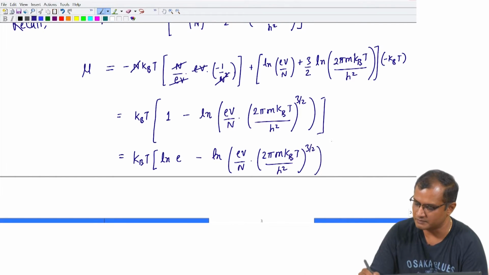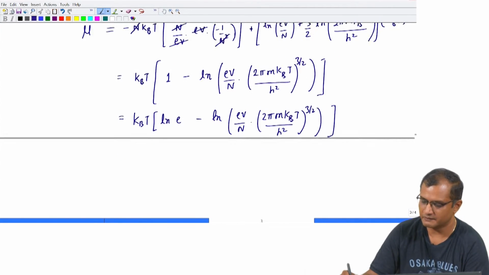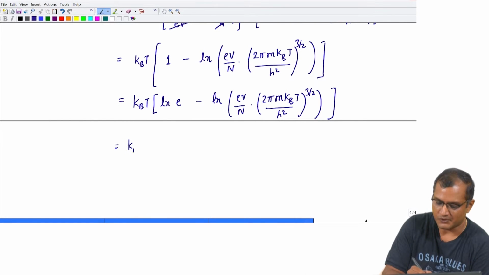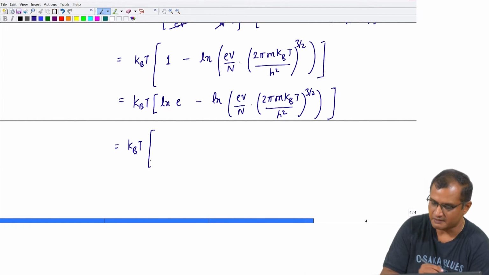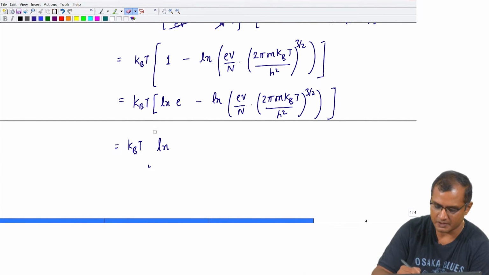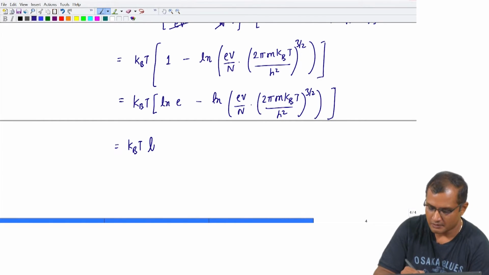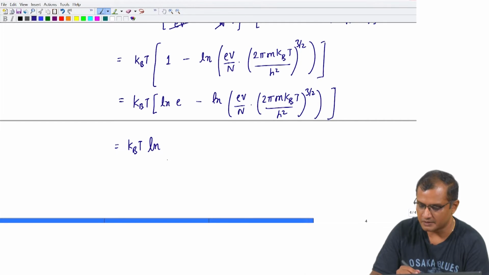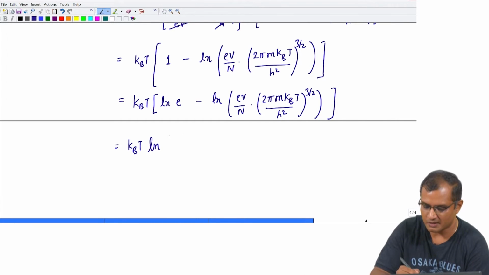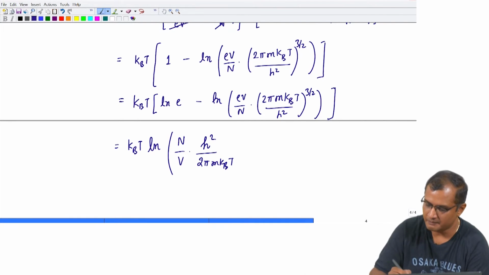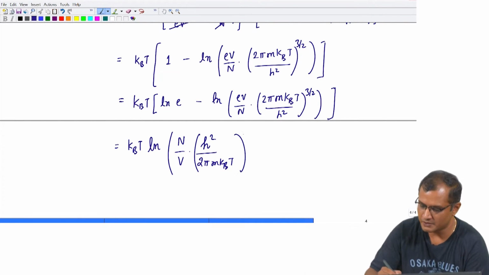This is the end of the logarithm, this is the end of the square bracket. Maybe one more step and we have reached our goal. I do not need a bracket anymore because now these two logs will be combined to 1. So this becomes just n by v into h square by 2 pi m k b T, the whole raised to 3 by 2.